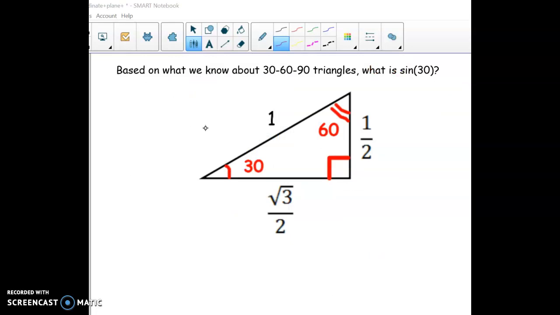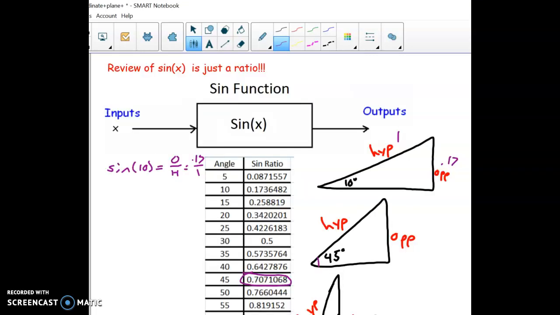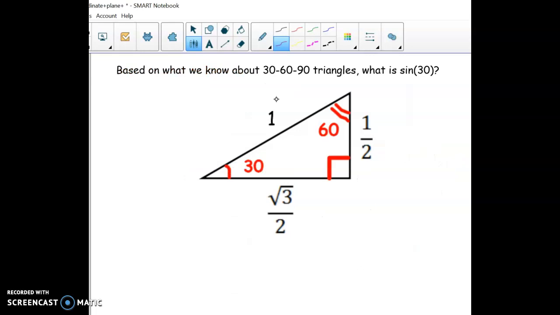Before we get to the regular lesson, what we're talking about here is that the ratio is consistent. When we have the 30, 60, 90 triangle and a 30-degree angle, the sine of 30 is always 0.5. If you type it in your calculator, you can see that in our triangle because the opposite is 1/2 and the hypotenuse is 1.